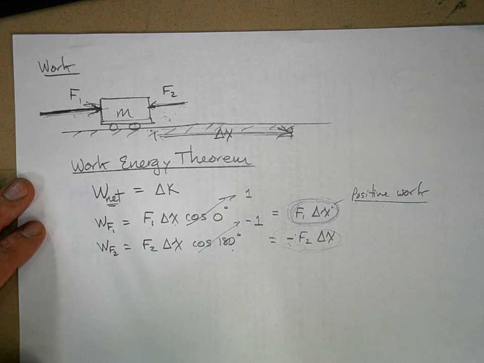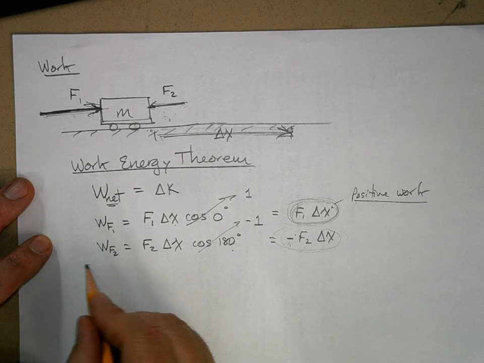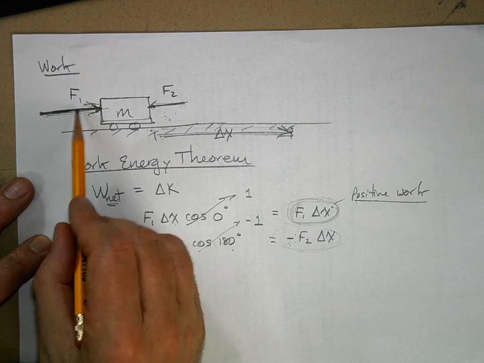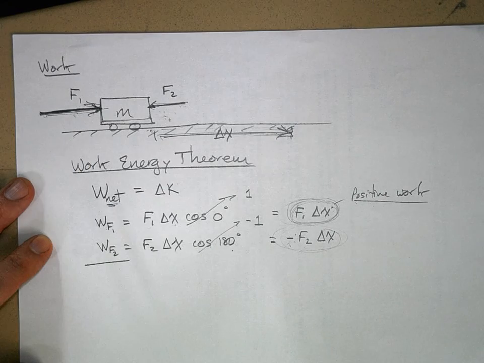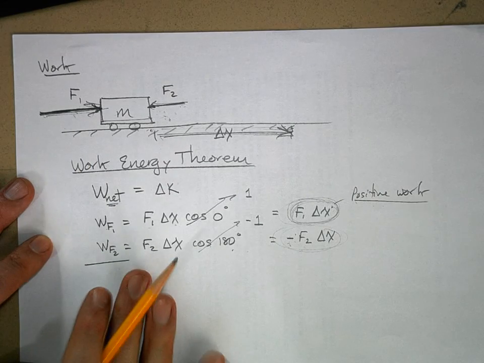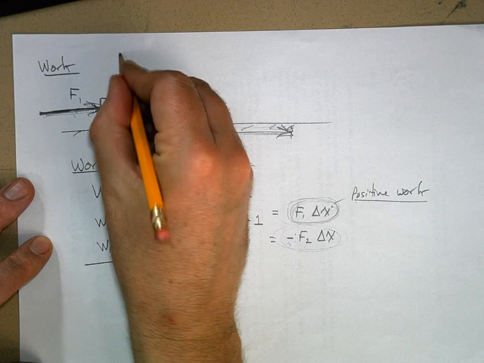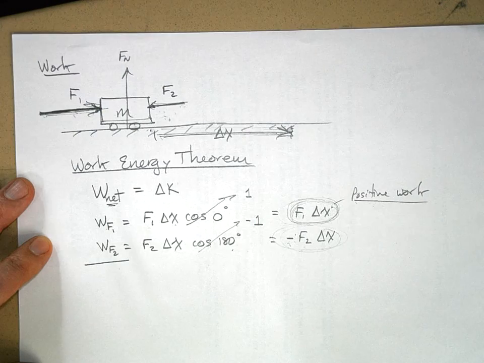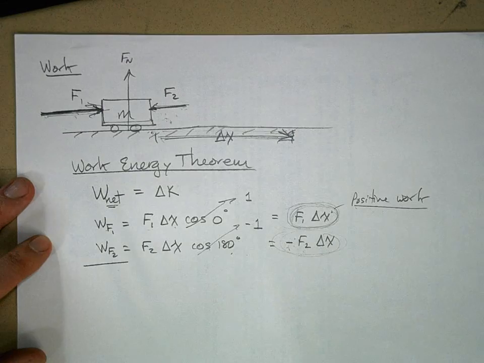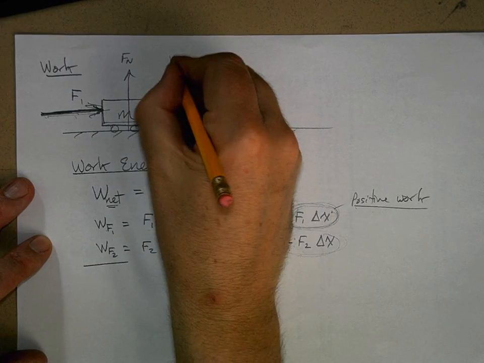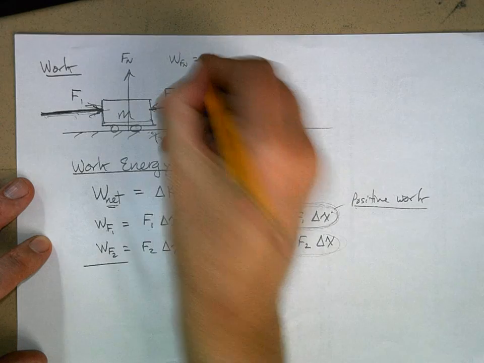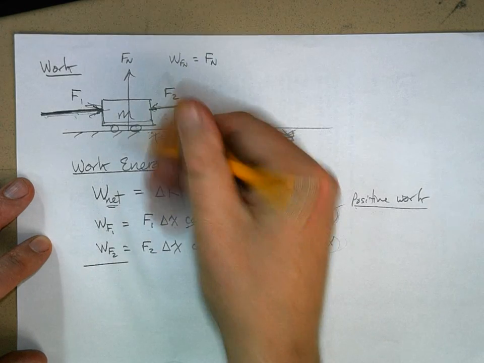Now, what happens if I add these two together? The work done by this force plus, oh, by the way, there's two other forces acting on this, right? Let's do that. There's the normal force. How much work is being done by the normal force? I almost skipped it. Well, it's the normal force, which is probably going to be mg, right?